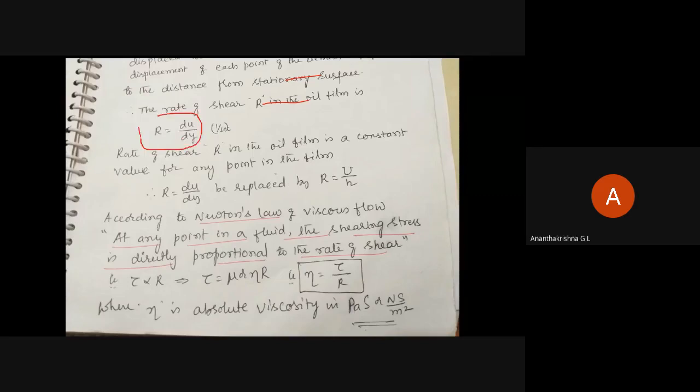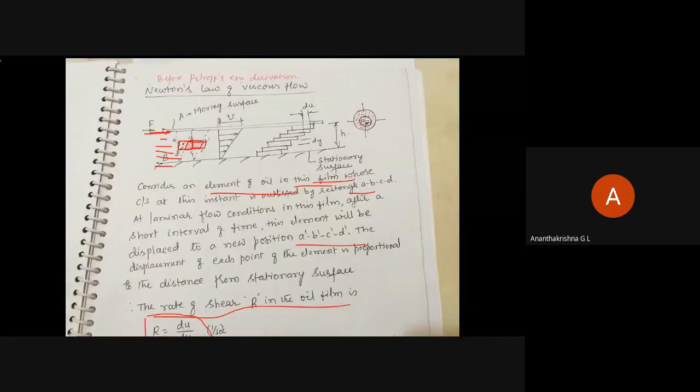The rate of shear in the oil film is a constant value for any point in the film. So du by dy is replaced by U by h. U is the velocity of the surface and h is the height, that is, the difference between the moving surface and the stationary surface. So the rate of shear depends inversely on h. As h becomes less and less, the rate of shear becomes more and more.